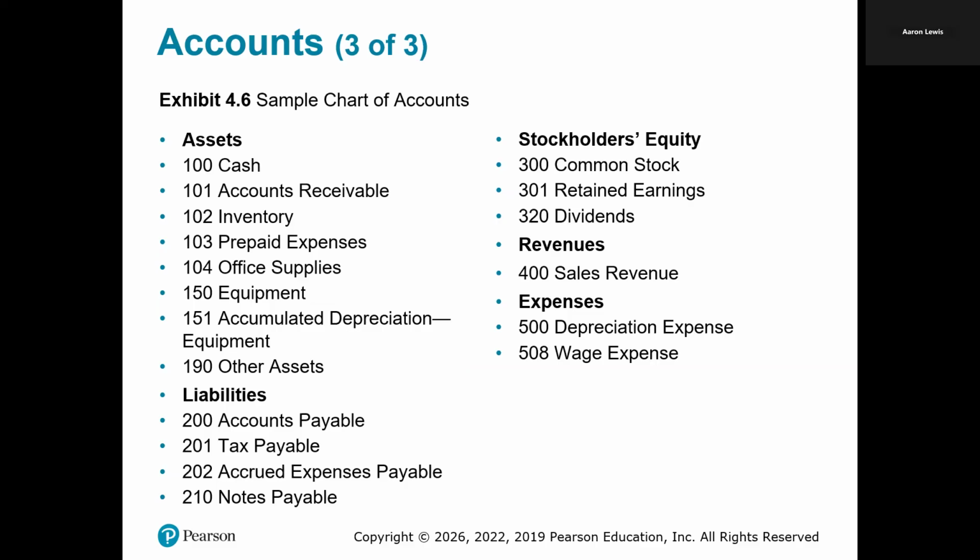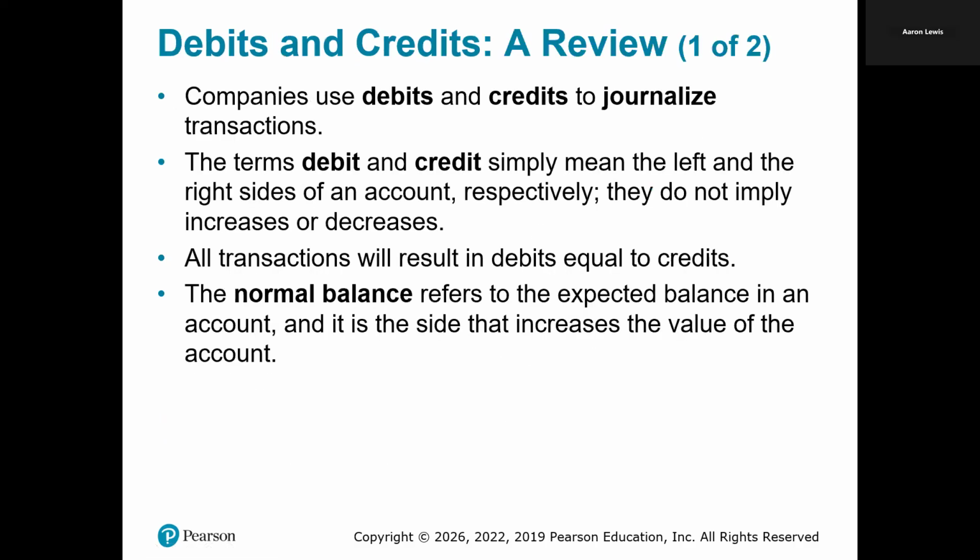But from this chart of accounts, you need to identify which two of these accounts at least will be affected by the transaction. So looking through the list, what two of these things or more are we going to use or what are in our journal entry because the balance of them is going to change after this transaction or event occurs. And then once you've identified the accounts, you need to know how to use debits and credits to properly put it on the books.